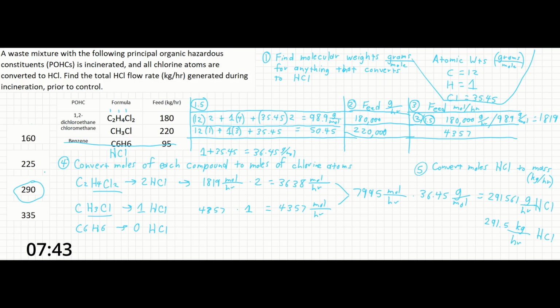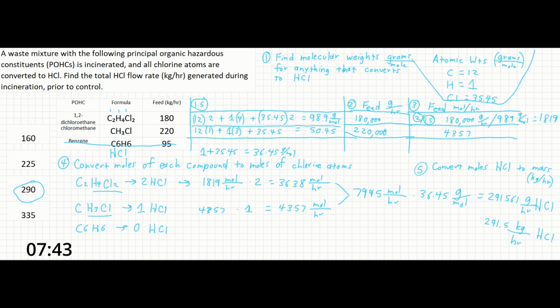So this problem has a few more steps than some of the others on this channel, but all it is is unit conversions from kilograms per hour to moles per hour for the POHCs, then converting back to kilograms per hour to find the units for HCl.